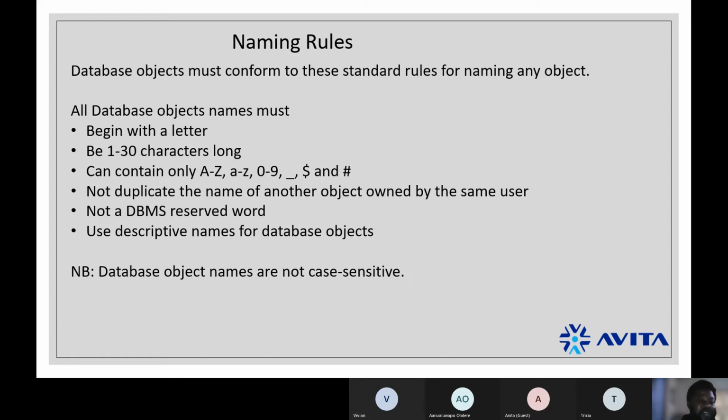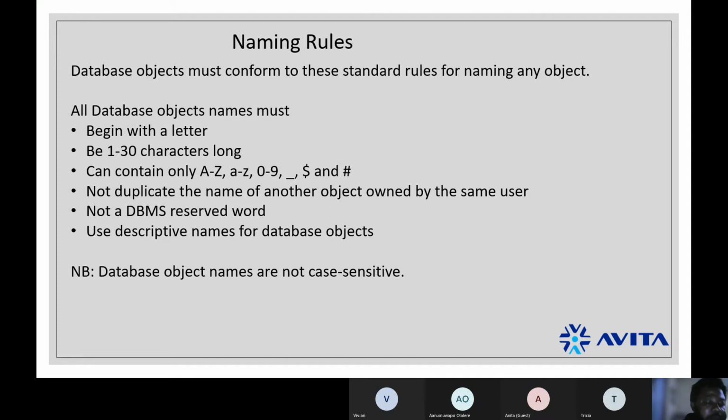Now, this is the ultimate piece of advice. Use descriptive names for database objects. That is, when you are creating an object on the database, try as much as possible to let the name of that object reflect the function of that object. I'll say that again.